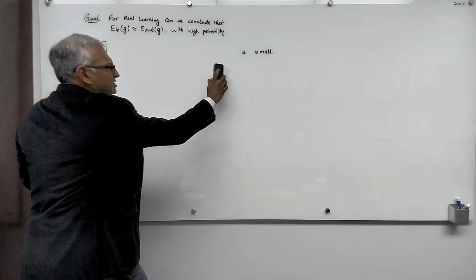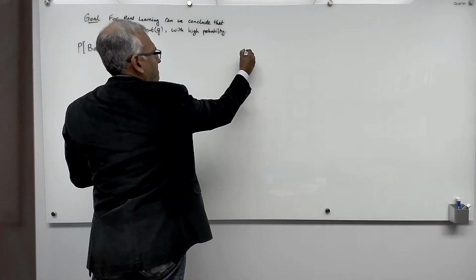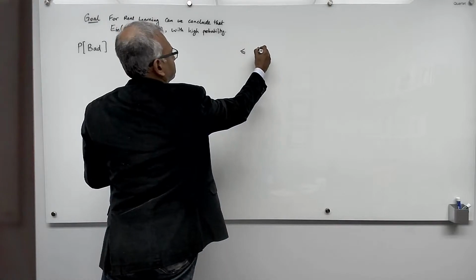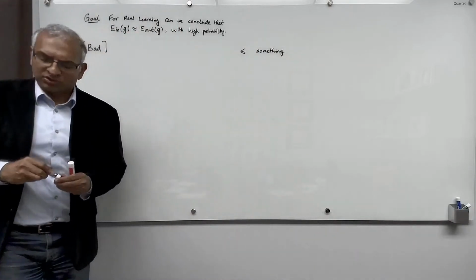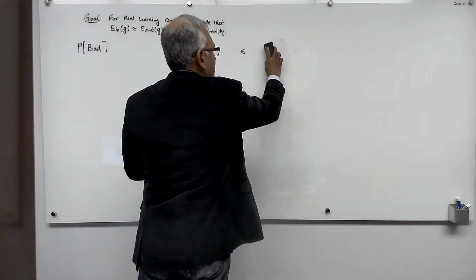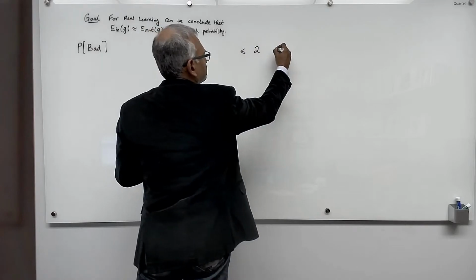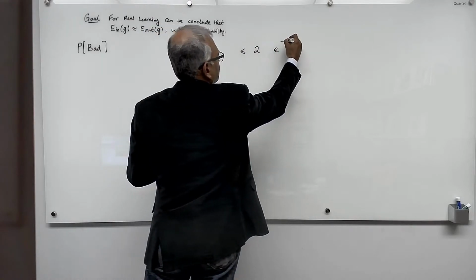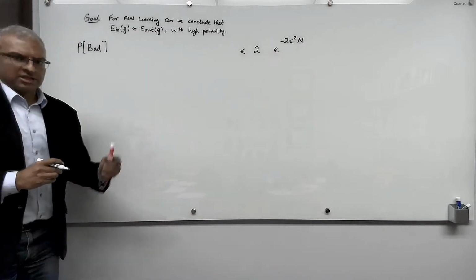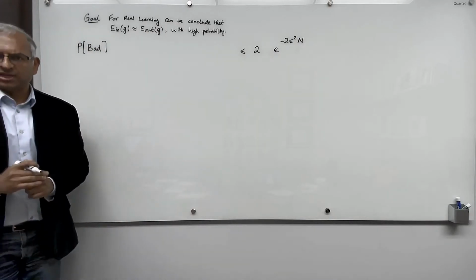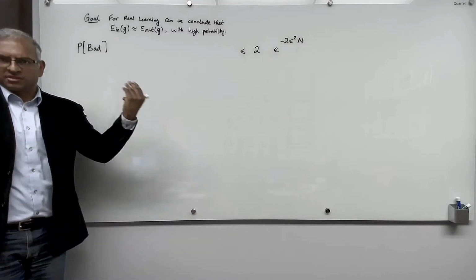And when we say small, what we mean is less than or equal to something. And what was that something in the case of Hoeffding? It was twice e to the minus 2 epsilon squared n. The epsilon came in defining what was a bad thing, and the n was the size of your data set.